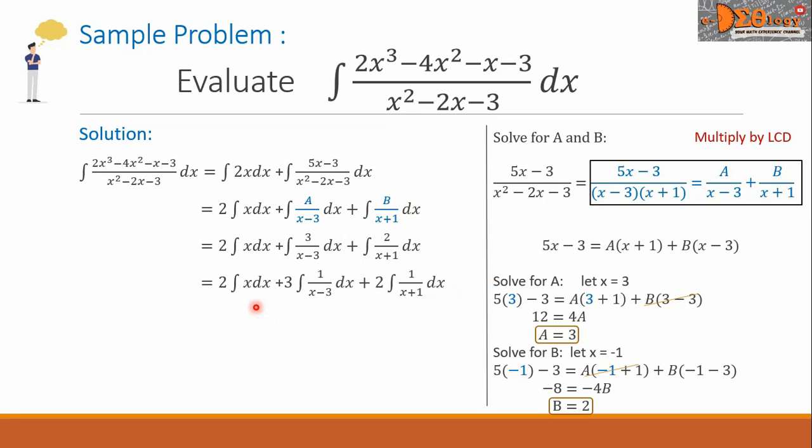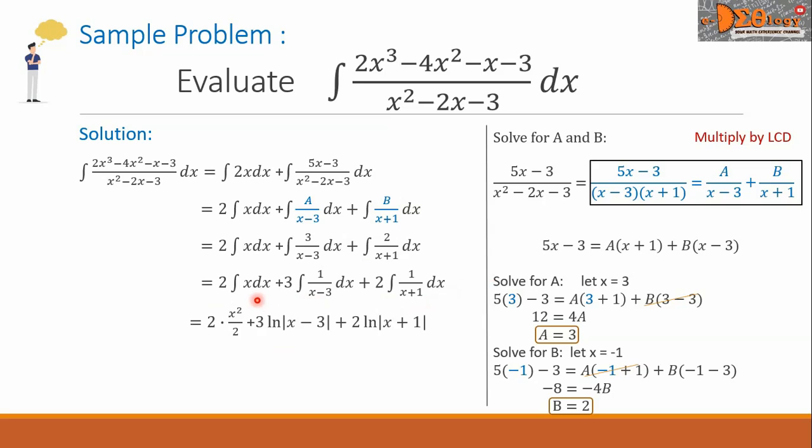In the first integral, we're going to apply the power rule of integration. In the second integral and the third integral, we will use substitution method, that later on, the answer will be a natural log.